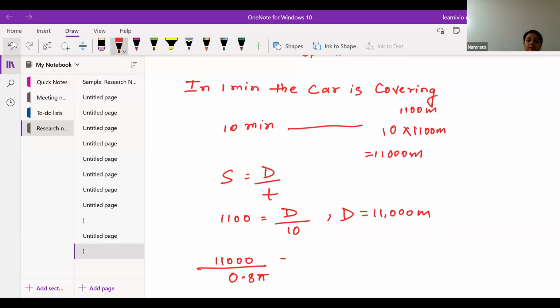Let's see. Pi value is 22 over 7. Let's substitute it over here. So 11,000 divided by 0.8 into 22 by 7.